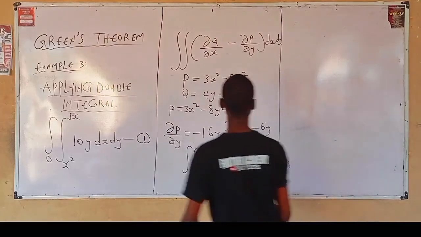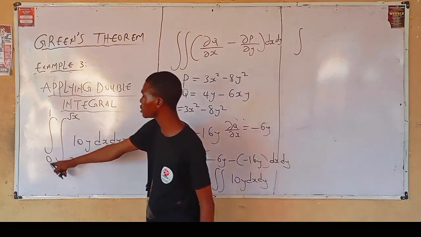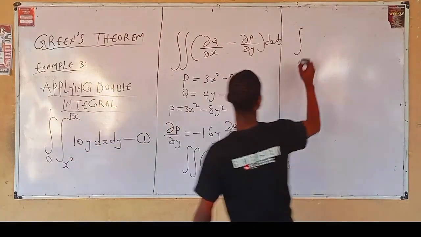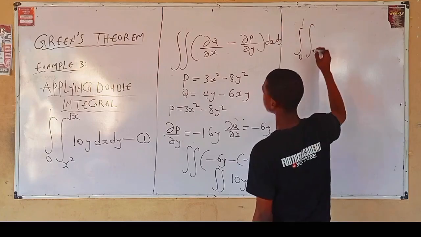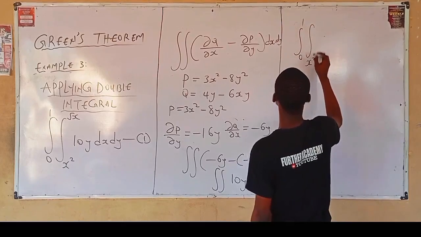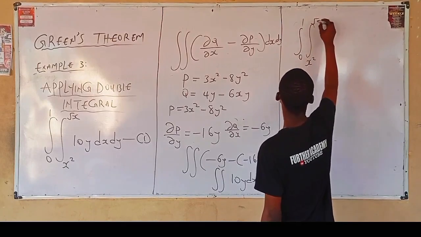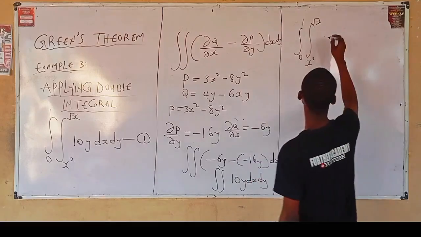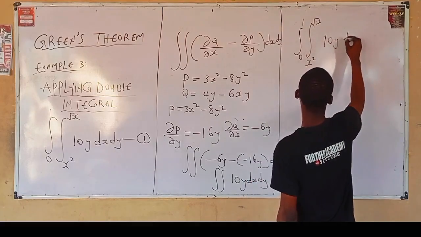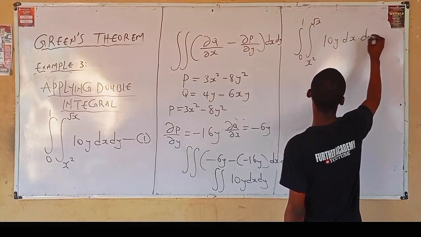Similarly for x, our lower limit is 0 and our upper limit is 1. So I have 0 to 1 for x, and x squared to square root of x for y, then substitute 10y dx dy.